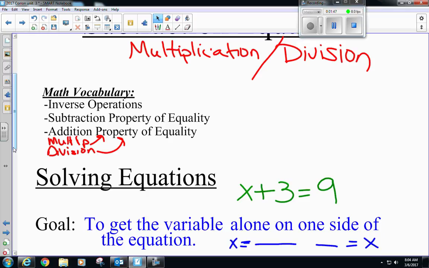Think of it as that balance in science, or identical twins who have to have exact same things. As long as you do the exact same thing to both sides of that equal sign, you haven't changed its value. So you can manipulate or change around things as long as you do it to both sides.